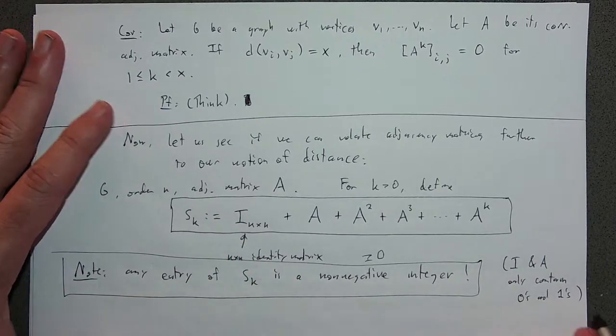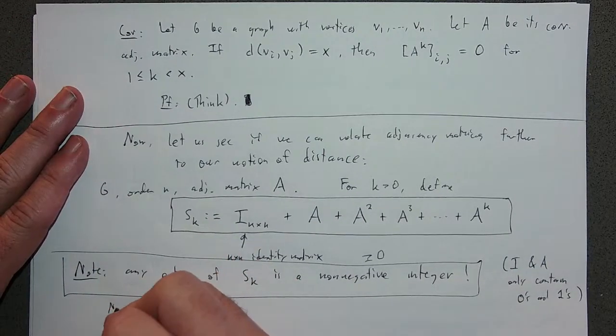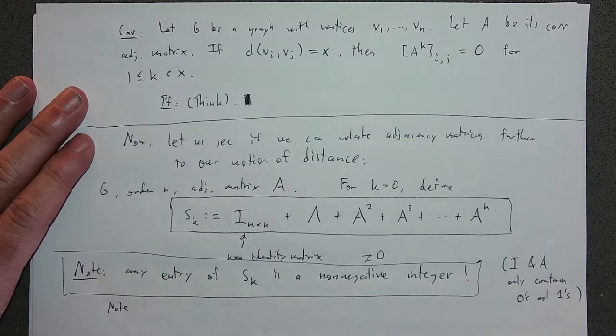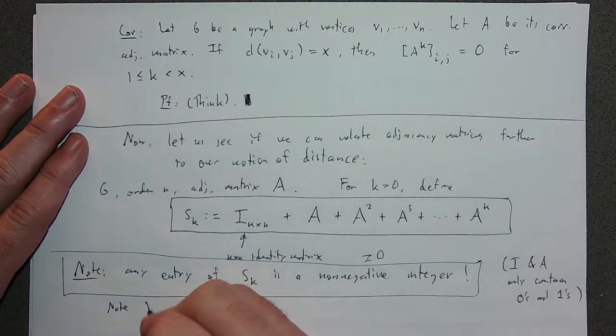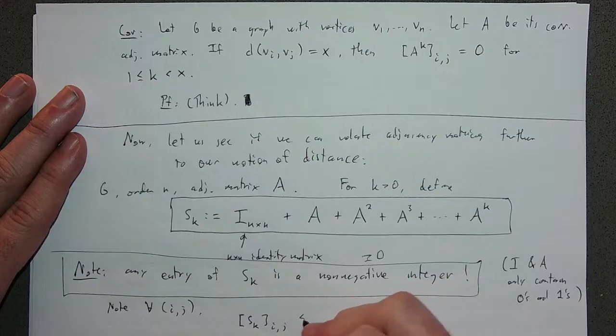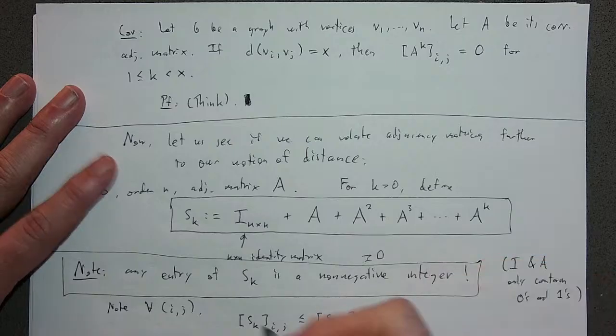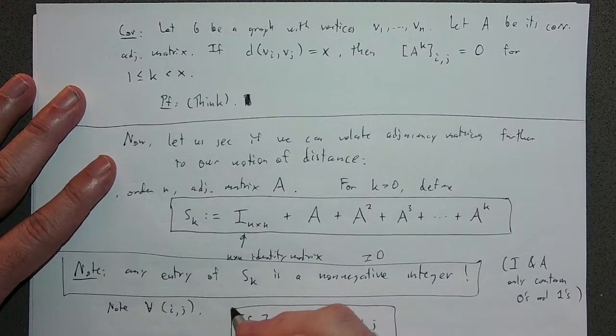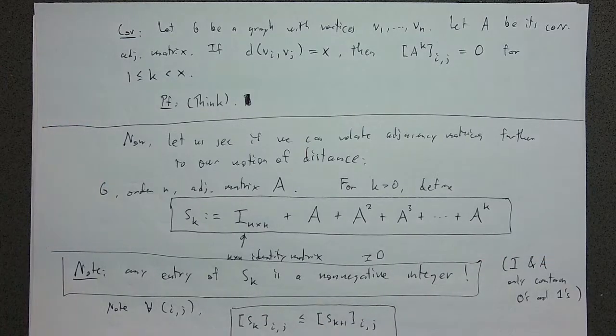So a way of saying that is that for every pair ij, the ijth entry of S sub k is less than or equal to the ijth entry of S sub k plus 1. So that's what you get from that.